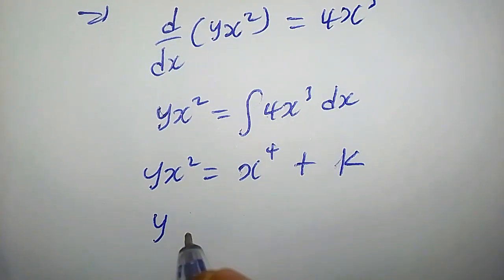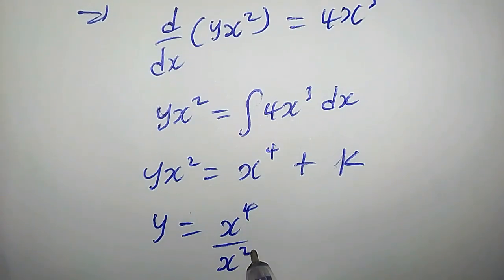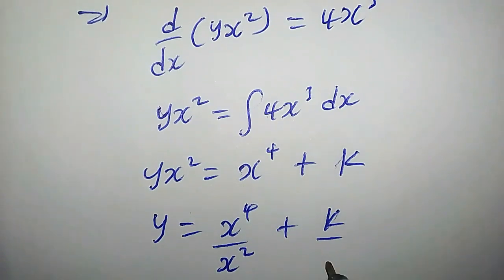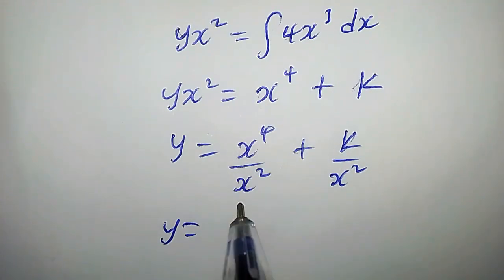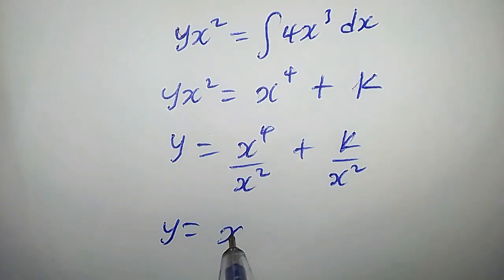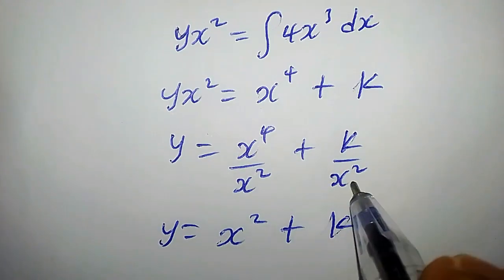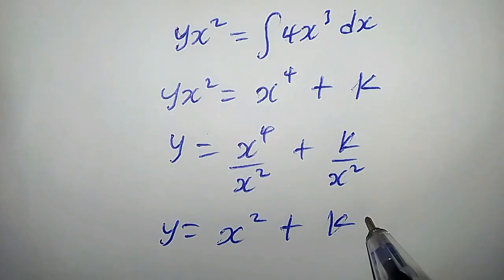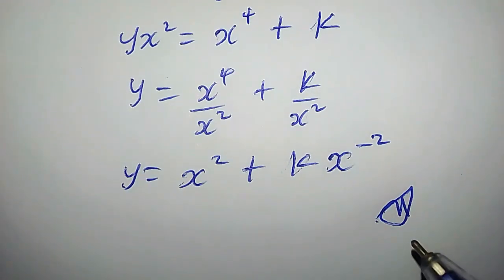So that gives y equal to x to the power of 4 over x squared plus k divided by x squared. y equals x to the power of 4 divided by x squared, that gives x squared, plus k. Suppose we want this x squared to be at the numerator, it becomes x to the power of minus 2. This is the required solution. That's it.